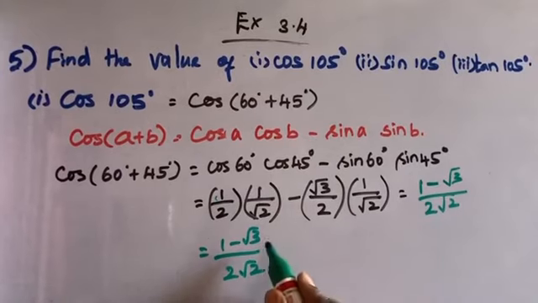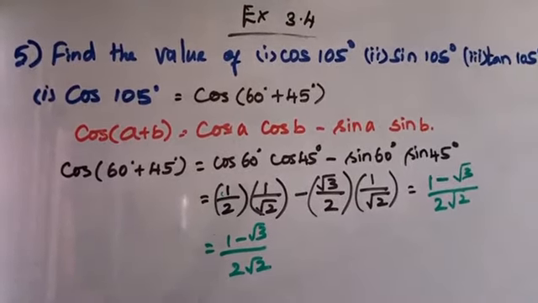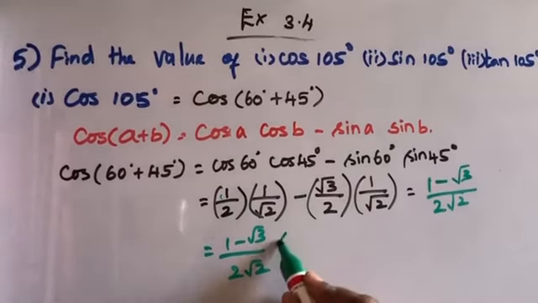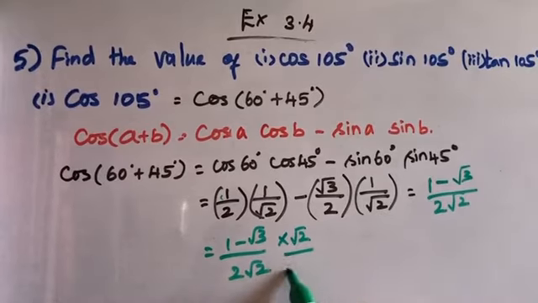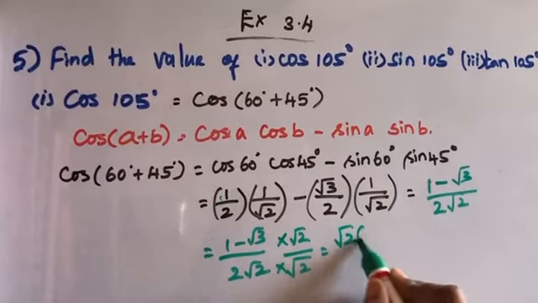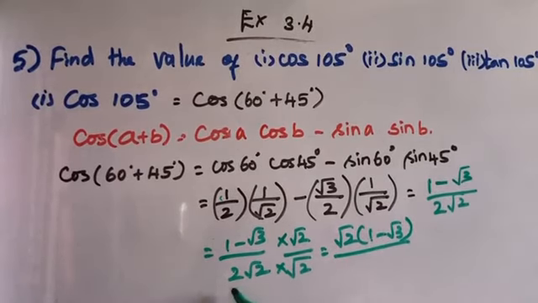To rationalize it, we are going to multiply by its conjugate. So, I am going to multiply the numerator and denominator by root 2. So, root 2 into 1 minus root 3 divided by 2 into root 2 into root 2.